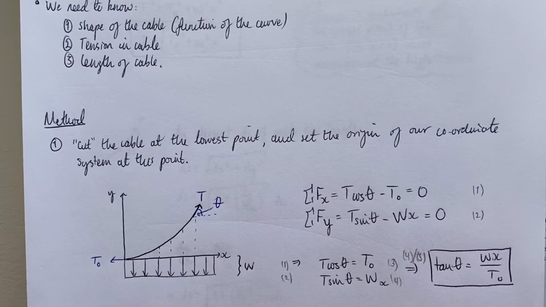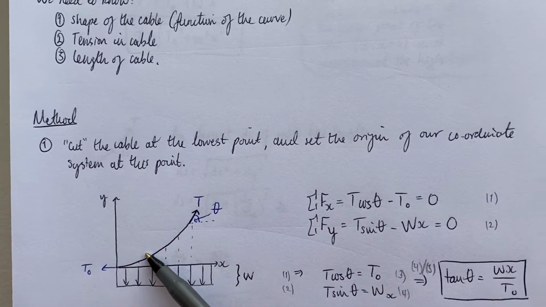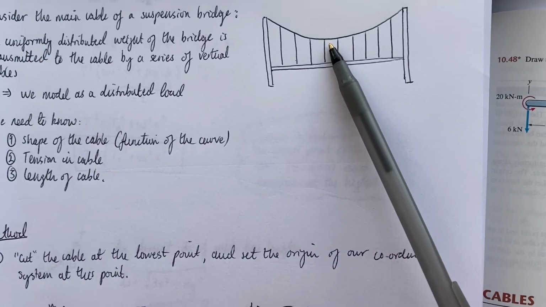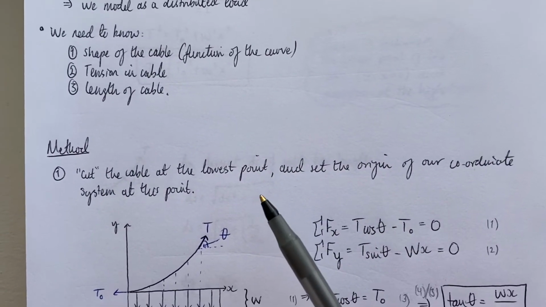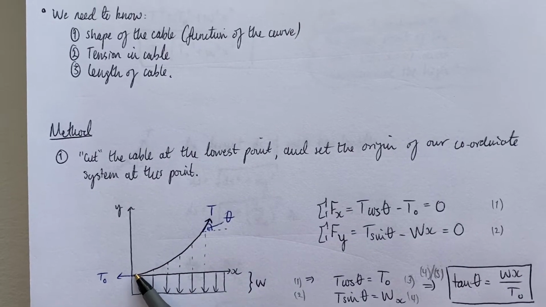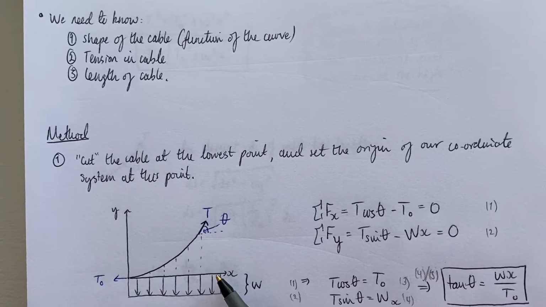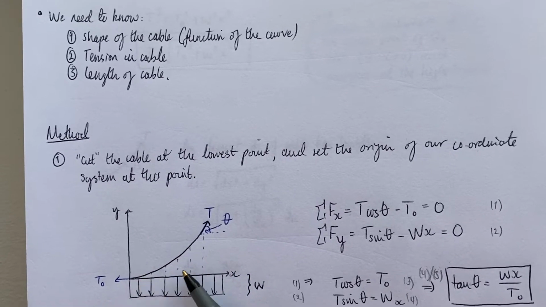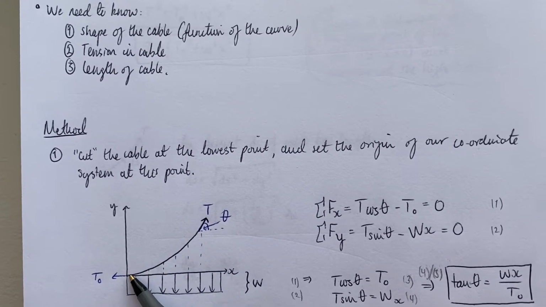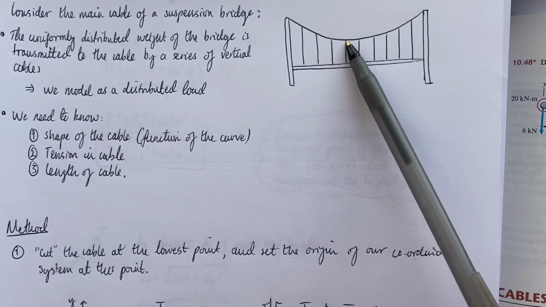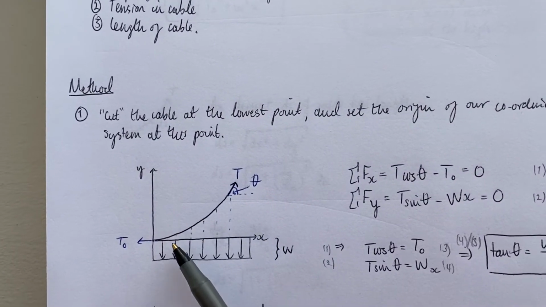So what we do is we cut the cable at the lowest point, right? So here. And we set that as the origin of our coordinate system. So we've defined a Cartesian coordinate system in the XY plane where the lowest point of the cable, which we've cut, is at the origin.